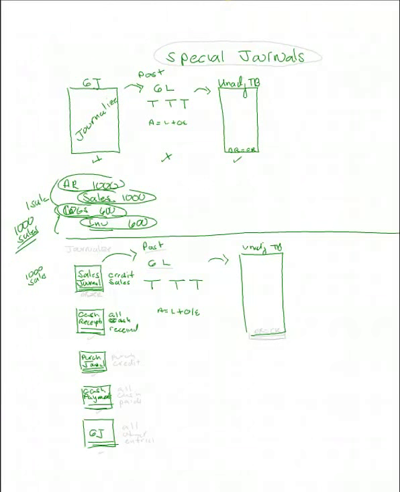You can purchase things on credit, so all things purchased on credit belong in the purchases journal. And all money spent, all cash paid, goes into the cash payments journal. And anything else that doesn't fit, like adjusting entries, closing entries, and a few other items we'll discuss later, can all be put in the general journal.